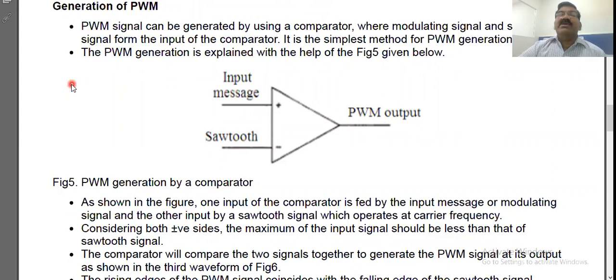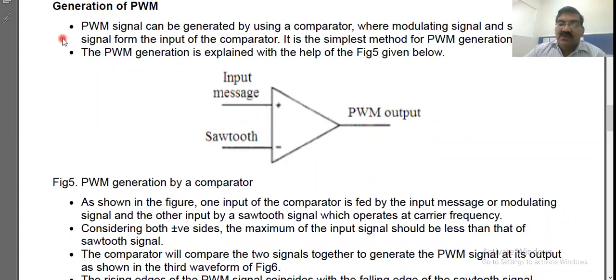Here there is a simple comparison between the input signal and the sawtooth signal. We will go to the waveform and discuss that comparison. This is simply the comparator, with the input message signal and the sawtooth signal, and this is the pulse width modulated output you will get.